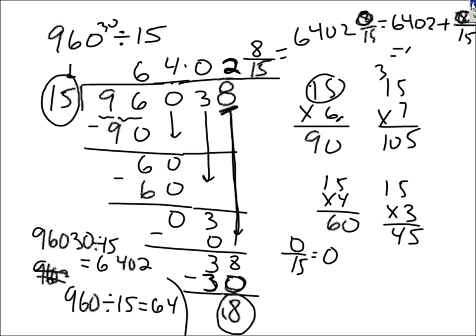You're really just adding 0. So if the remainder was 0, don't bother writing 0 divided by 15. It doesn't add on. Okay, but it wasn't that. Let's try this same problem all over again using short division.